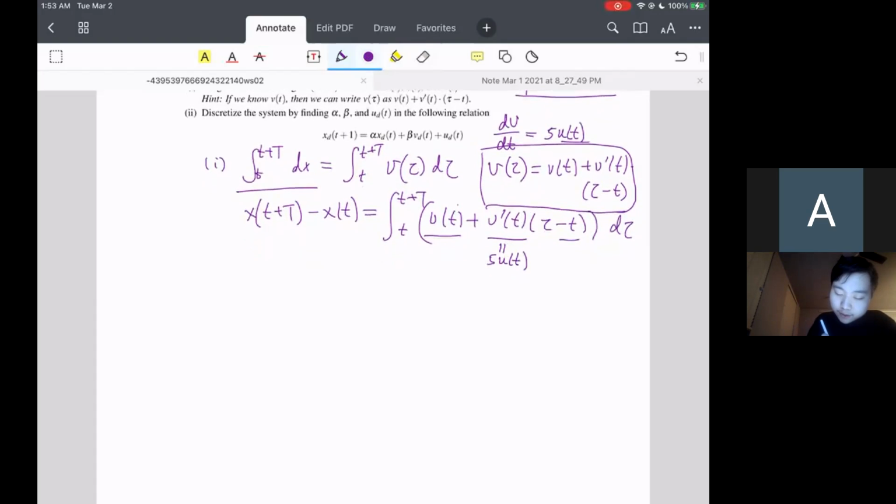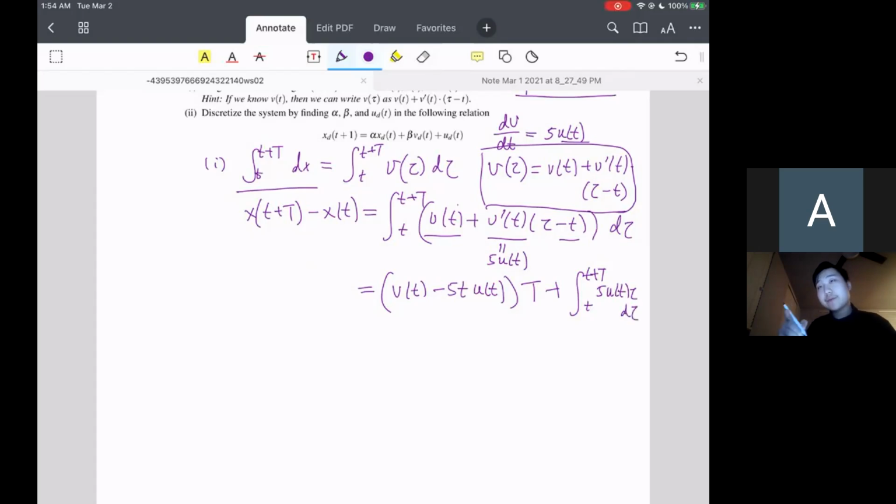So we see that this is just equal to v of t plus 5, actually minus 5t u of t times T, plus the integral from t to t plus T of 5 u of t tau d tau.